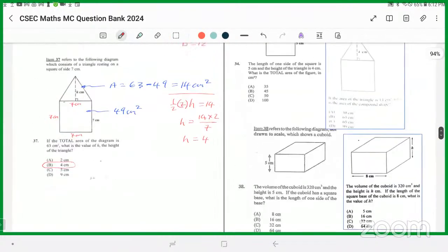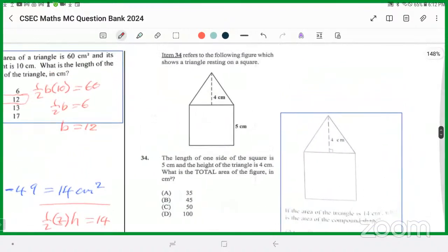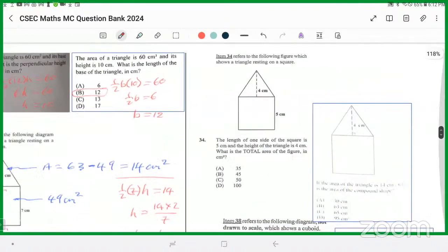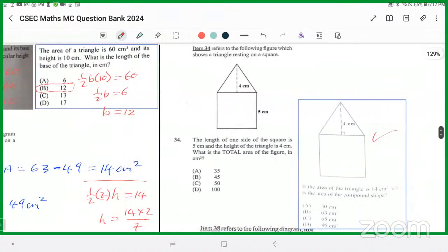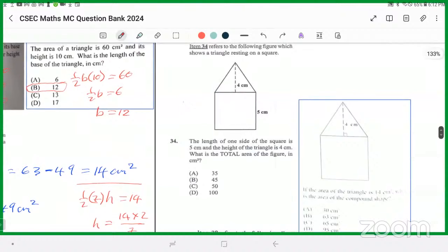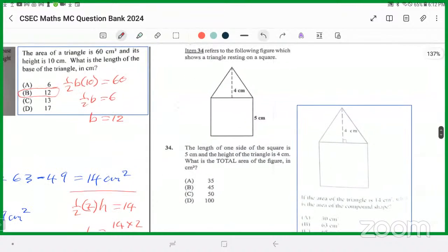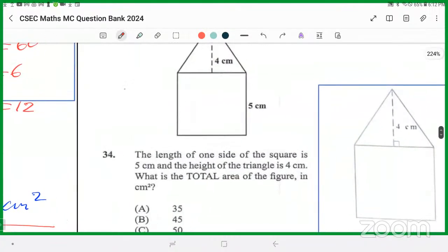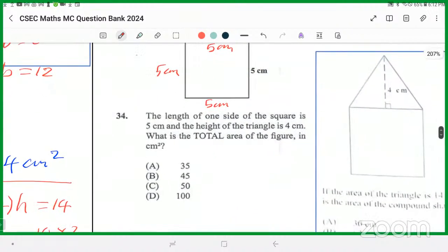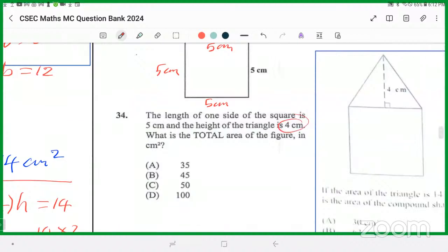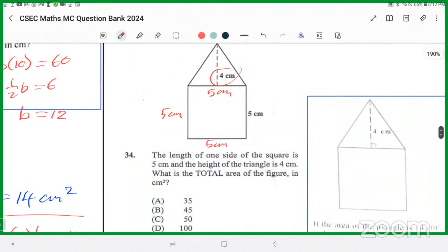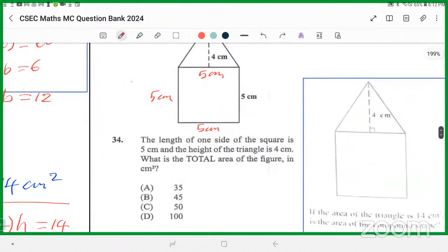Up here, they give us the same question in 2 different ways. Let's do this one first. It says the length of one side of a square is 5. So that is 5 centimeters, 5 centimeters, 5 centimeters. And the height is 4, and I put that on the diagram. It says, what is the total area of the figure?